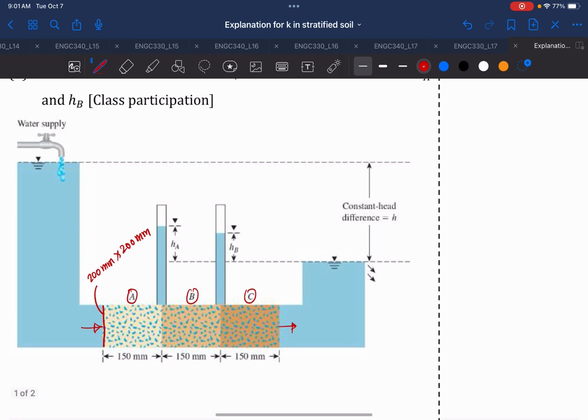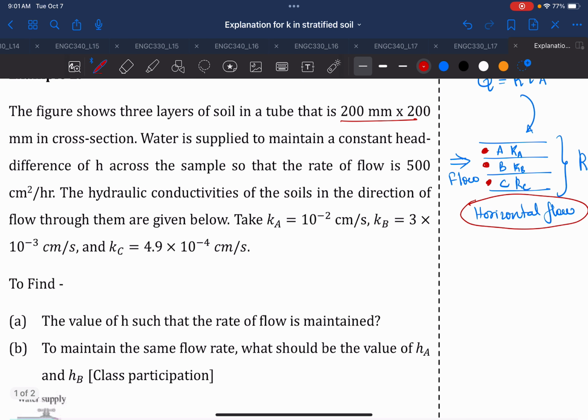And it says that the water is supplied to maintain a constant head difference, which is not known to us, which is h. And the rate of flow is given to us, which is 500 centimeter cube per hour. And the hydraulic conductivity of the soil is already given to us, kb and kc.